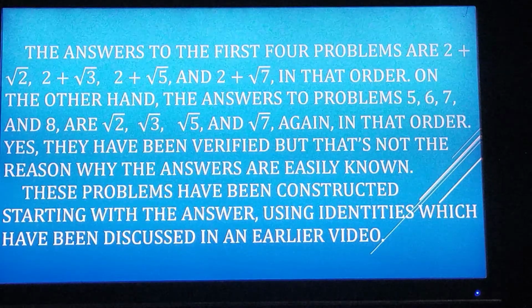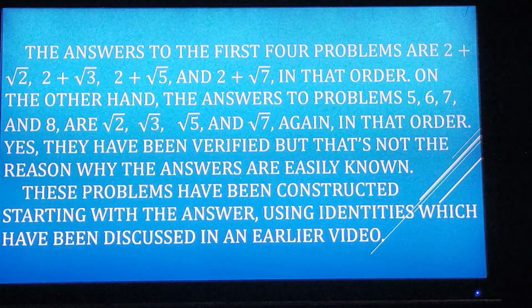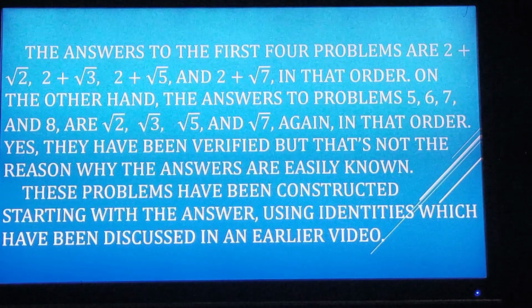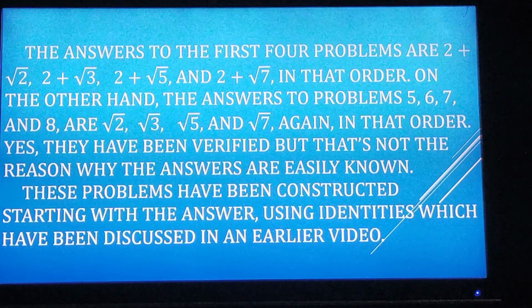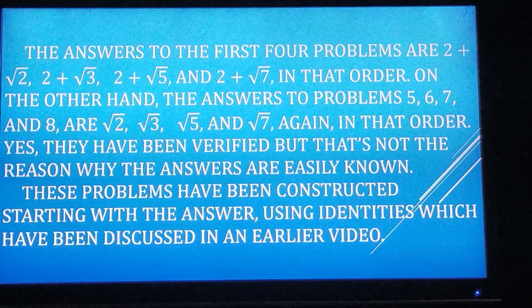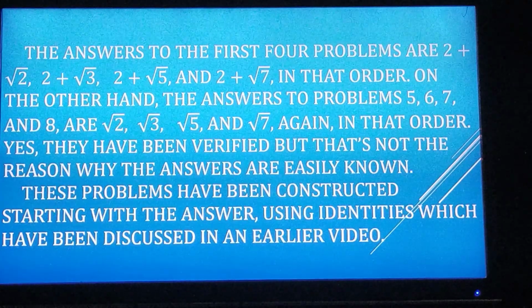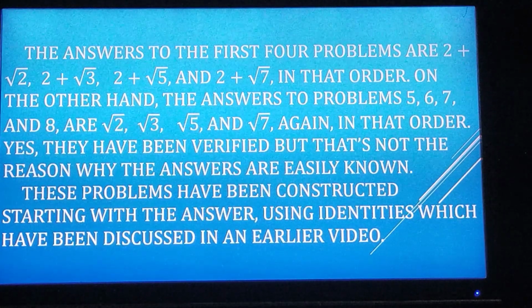Yes, they have been verified, but that's not the reason why the answers are easily known. These problems have been constructed starting with the answer. So those answers that have been given a few moments ago, those are the starting points.